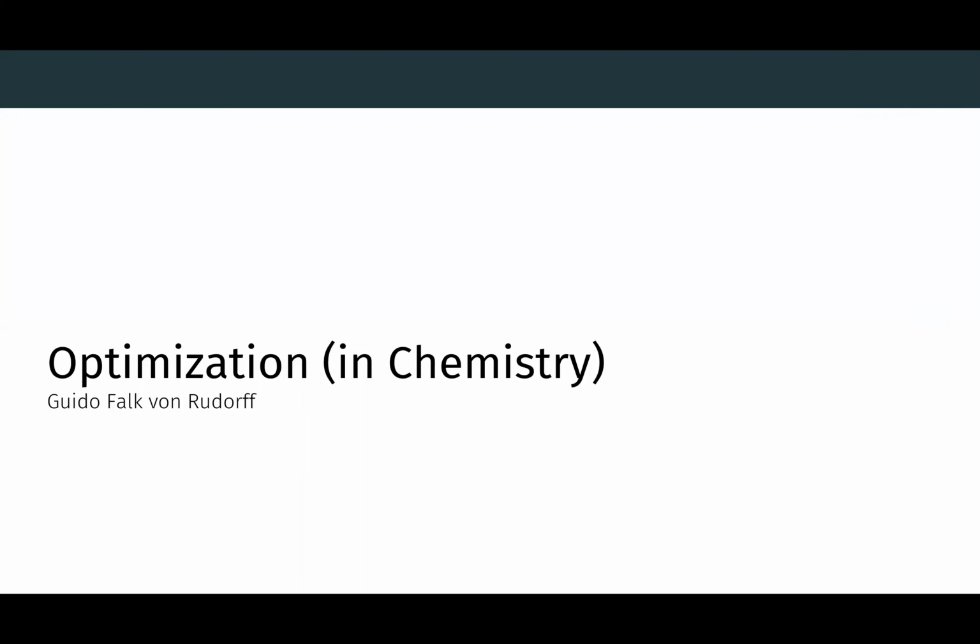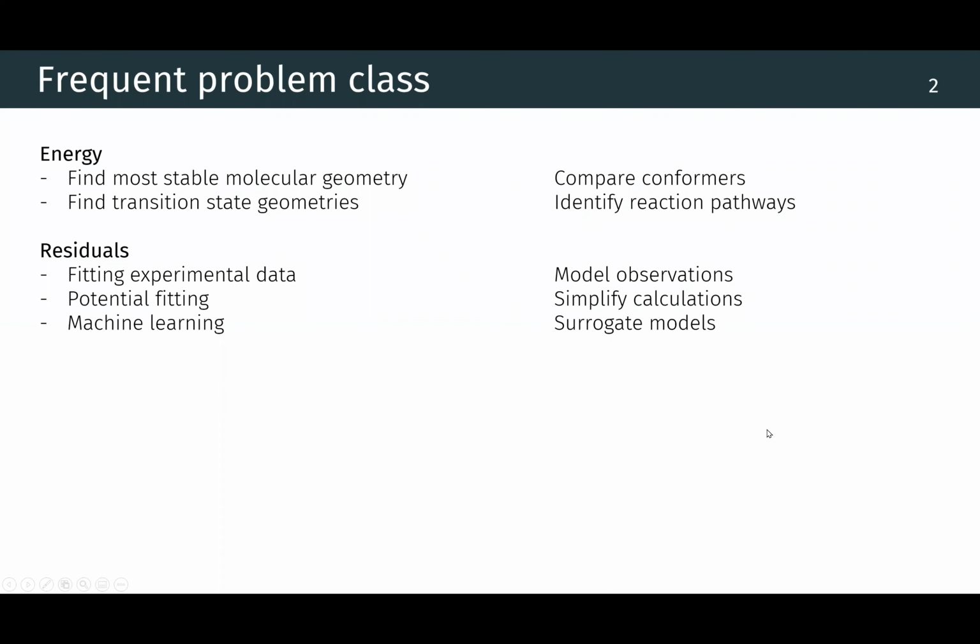this topic very smoothly. So let me start by mentioning why we care. We care about optimization mostly because it's a very frequent problem class that you need to deal with, as scientists in general, but I would argue in particular in chemistry. There are two main things that you can consider that need to be optimized.